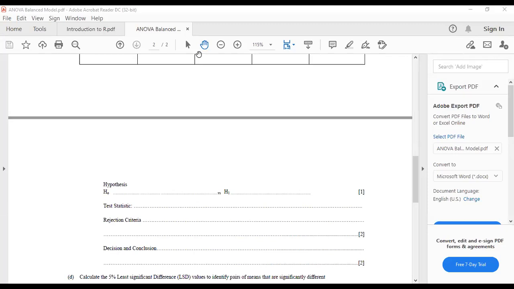Now we need the decision and the conclusion. Can someone give us the decision and conclusion?